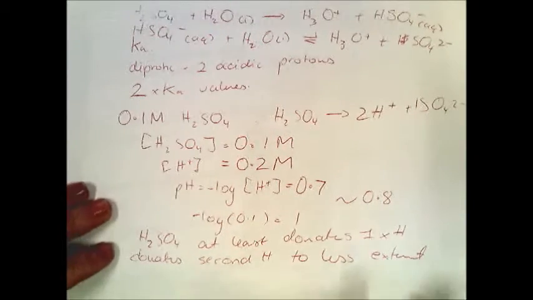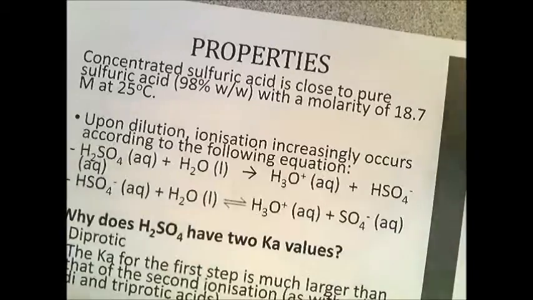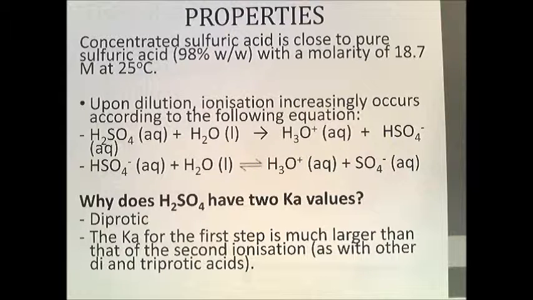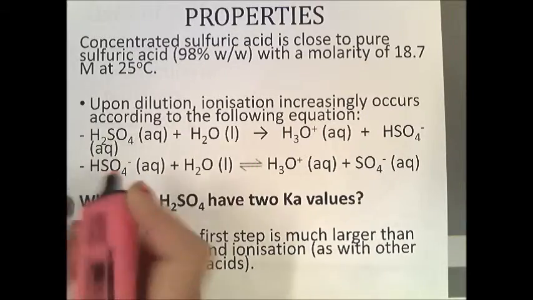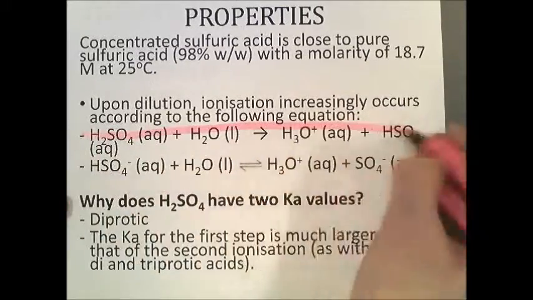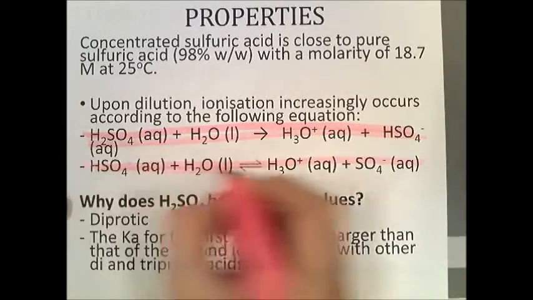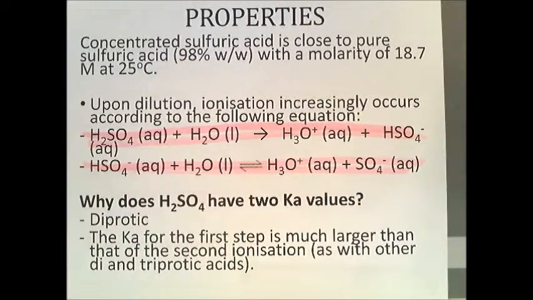Okay, so that's the first thing that we're going to talk about. Basically, this corresponds to this slide, which is talking about sulfuric acid. It is a very strong acid, and it ionizes according to these 2 equations, but it has 2 Ka values.